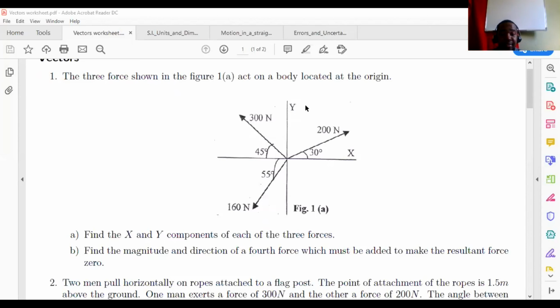In this case, we now have three forces acting on an object, and the question is to find the x and y component of each of the three forces, and find the magnitude and direction of the fourth force, which must be added in order for the resultant force to be 0.